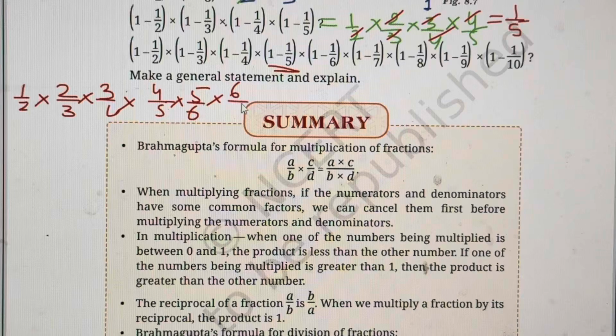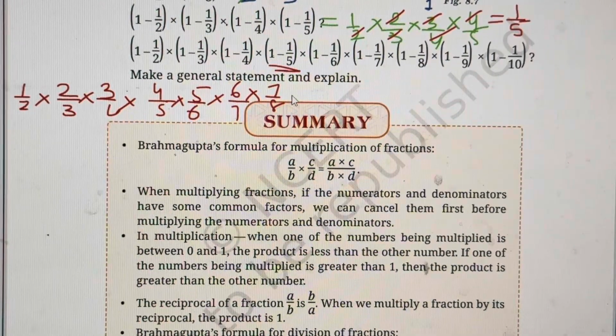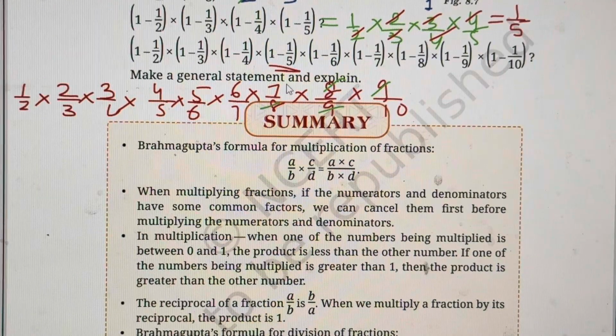Then 6 upon 7 into 7 upon 8. Now, even if you don't do this, there is a pattern if you observe here. I'll just explain it to you. Let me complete this: 8 upon 9 and 9 upon 10. So in this case also you can cancel 9, 9, 8, 8, 7, 7, 6, 6, 5, 5, 4, 4, 3, 3, 2, 2. So ultimately what is left is 1 upon 10.